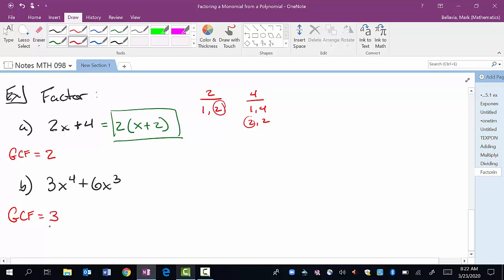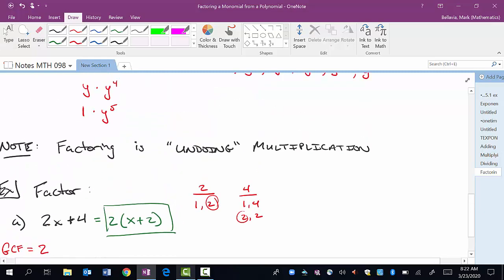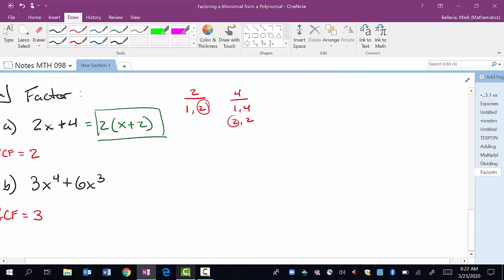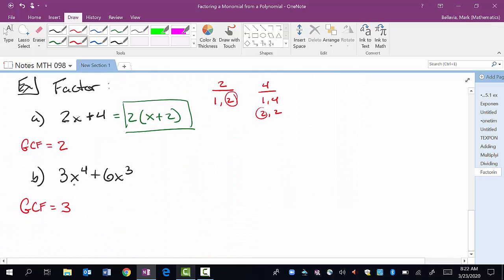For the variables, we have x to the fourth and x to the third. We want the greatest common factor between them. If you remember how this works for variables, as in the earlier example with the y's, the factors for a variable are all of them listed up to the power that you see. So the factors for x to the fourth would be 1, x, x squared, x to the third, and x to the fourth.